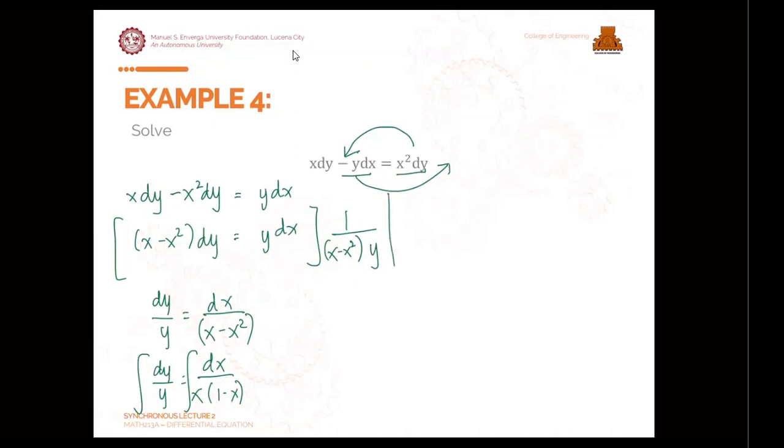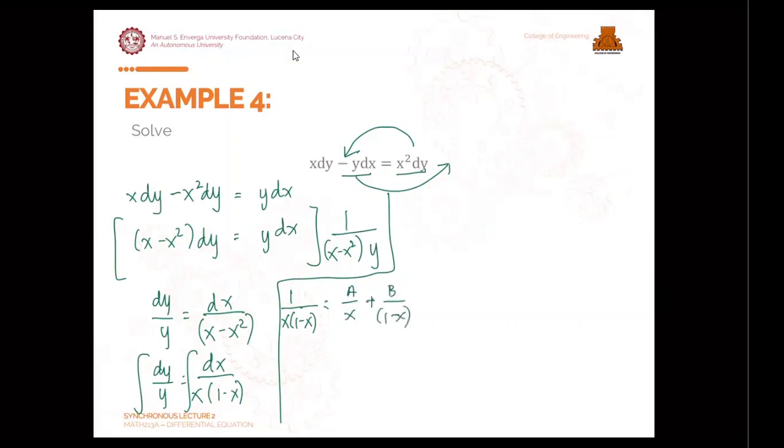Okay? So, partial fraction muna natin to, 1 over x times 1 minus x. Okay? So, sa partial fraction, kapag yung denominator niya is linear, tapos, ang pwedeng factor natin is a over x plus b over 1 minus x.